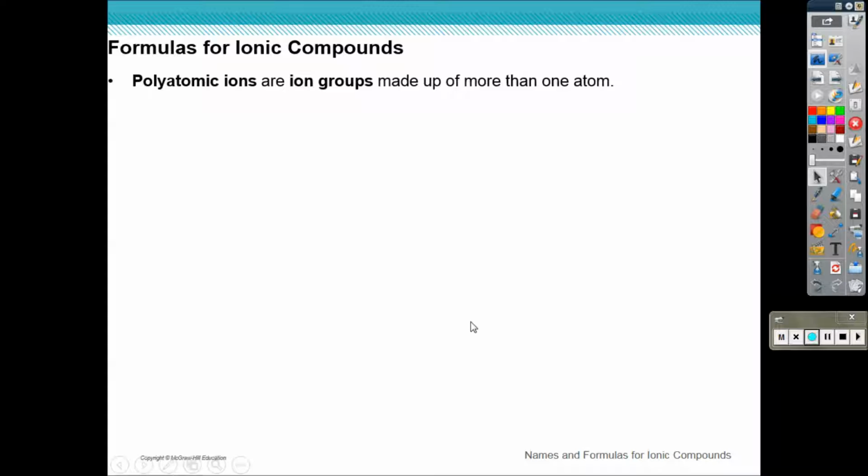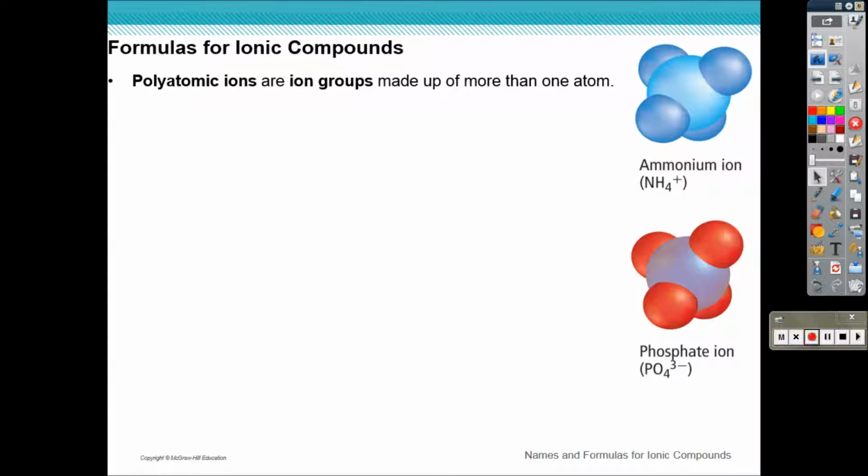Now, lastly, we have something called polyatomic ions. These are ion groups made up of more than one atom. When you have them all together, they will have a charge overall, just like the monatomic ions. So here are 2 examples. You have the ammonium ion, which is 1 nitrogen bonded to 4 hydrogens, and it has a +1 charge overall.